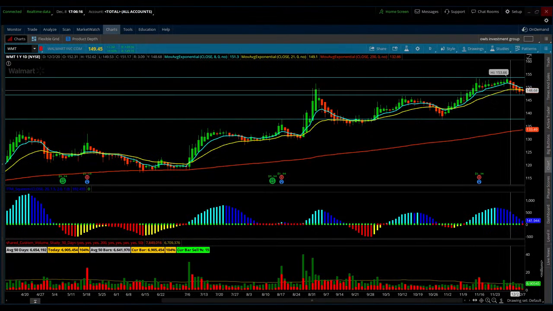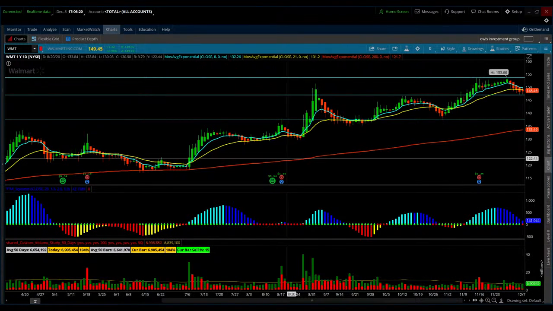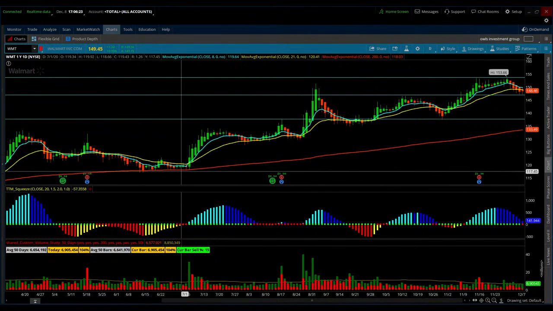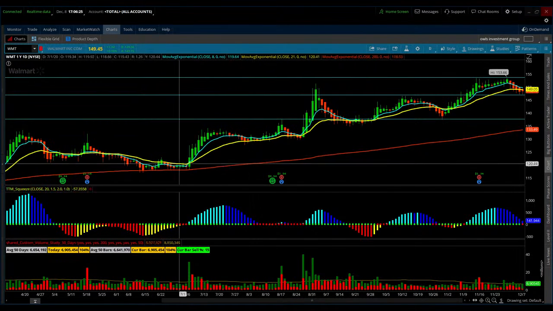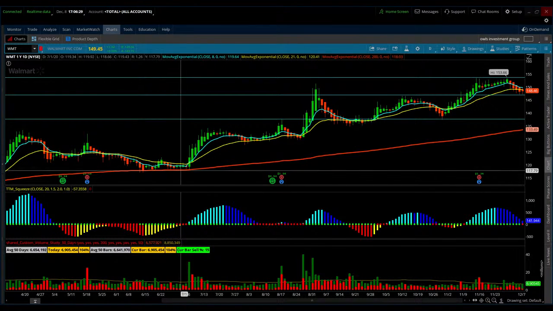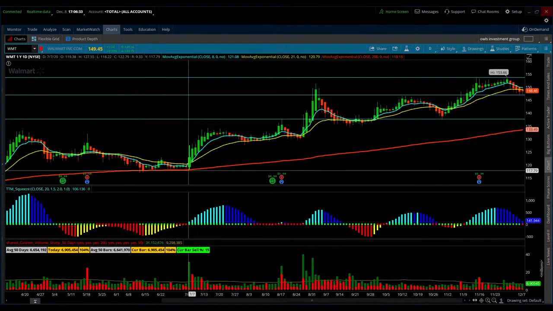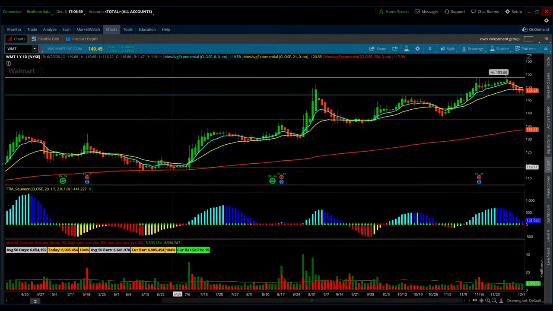But you could also use the 21 moving average as support. Mainly, ideally, the 200 moving average is your support, like right here. For example, Walmart is holding right above the 200 moving average. If Walmart broke below it, you would expect more downside, but it's holding.